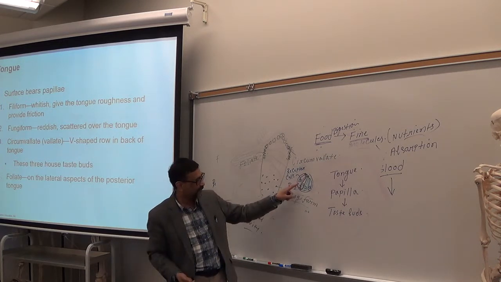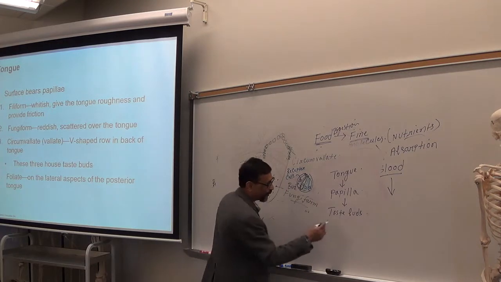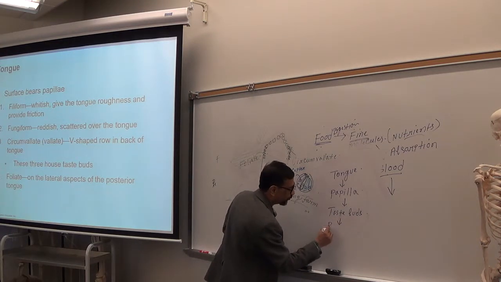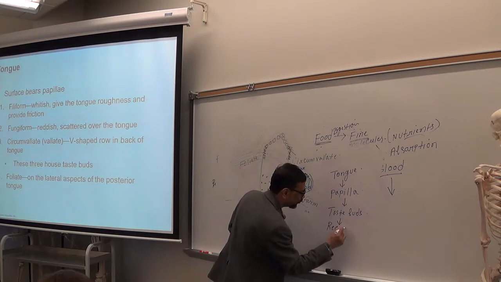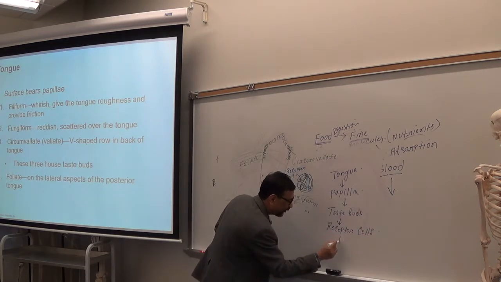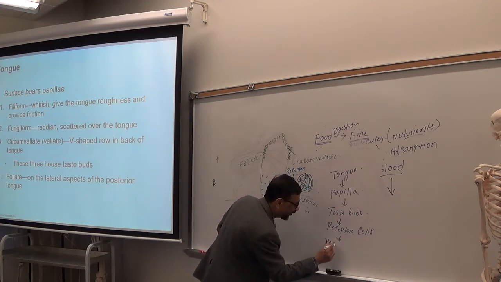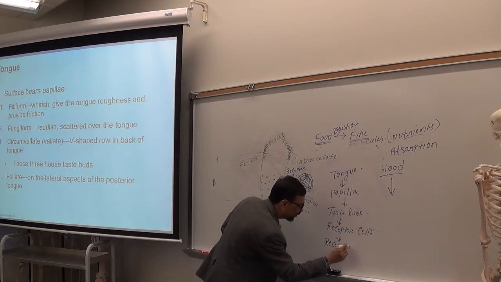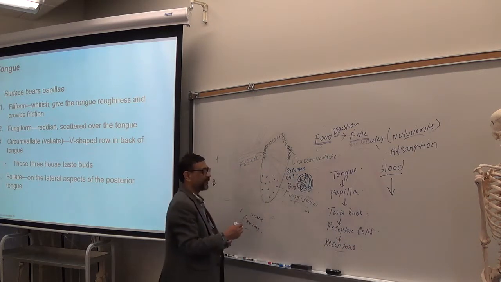Slices are the receptor cells. And then you have the receptors attached to the hair of the receptor cells. So, receptors, okay, on the hair.